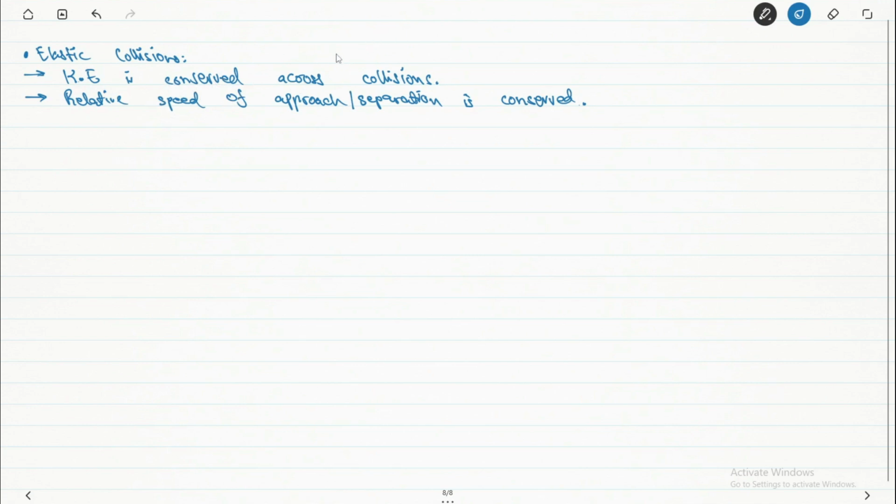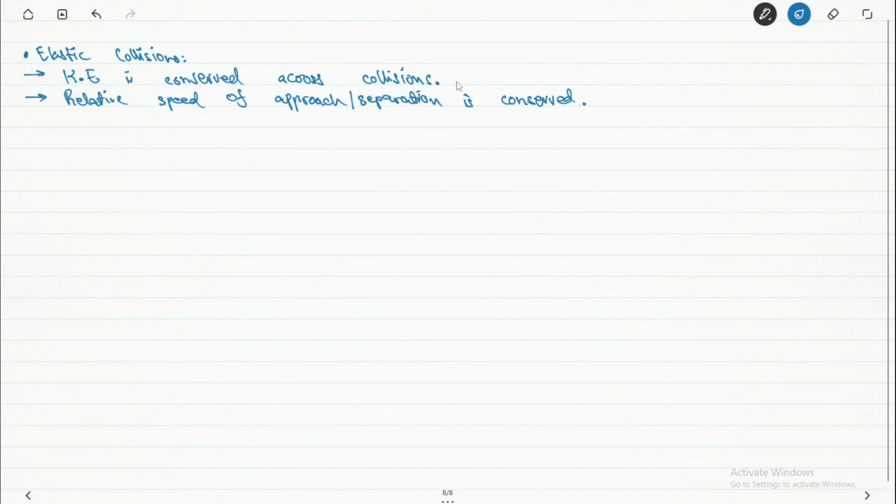Even though momentum was conserved, kinetic energy is not always conserved. Energy is lost due to various factors like resistance, heat loss, or sound during collisions. In elastic collisions, the kinetic energy is conserved across collisions.